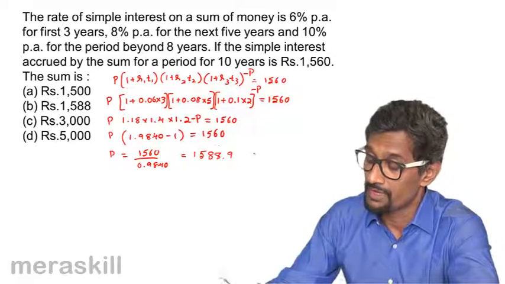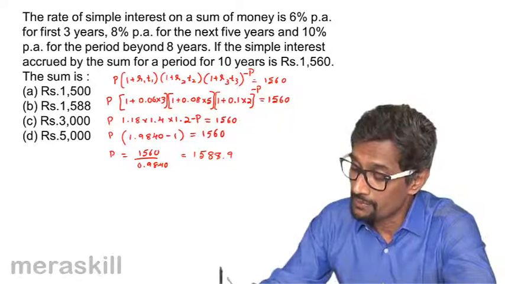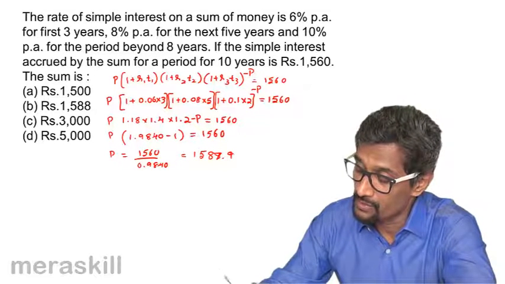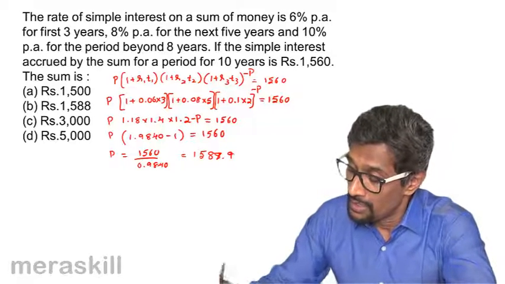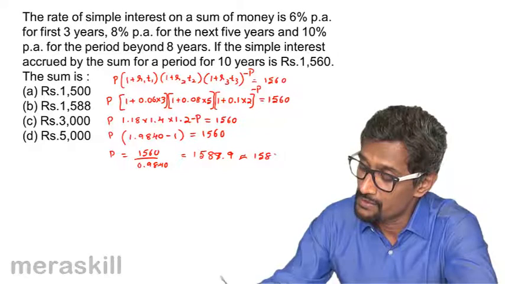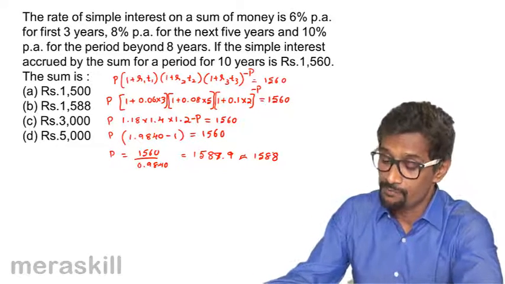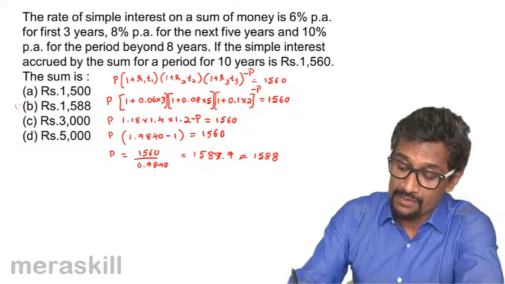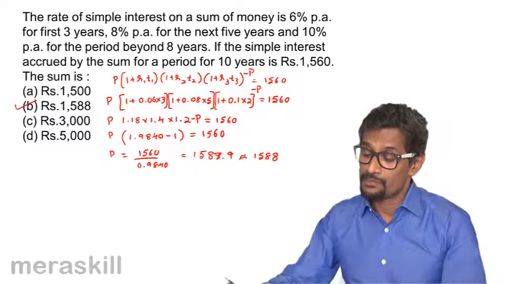Works out to be 1587.90. And that is roughly around 1588. So among these, this is the right answer.